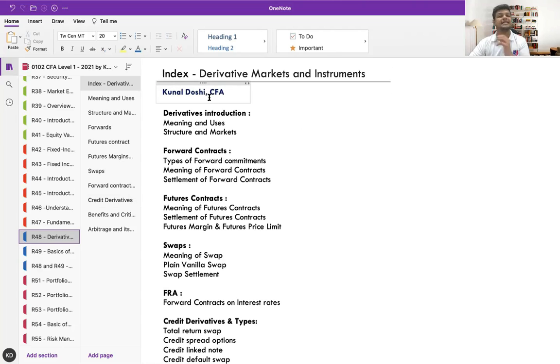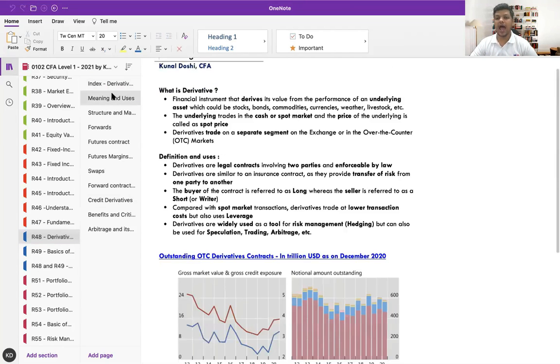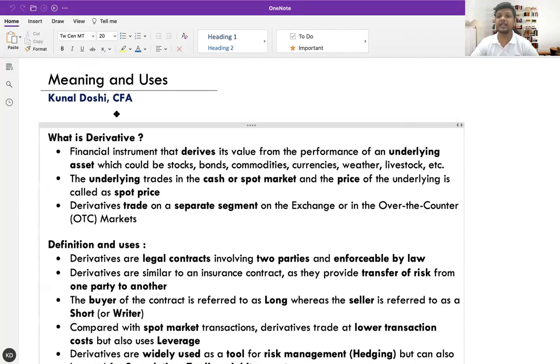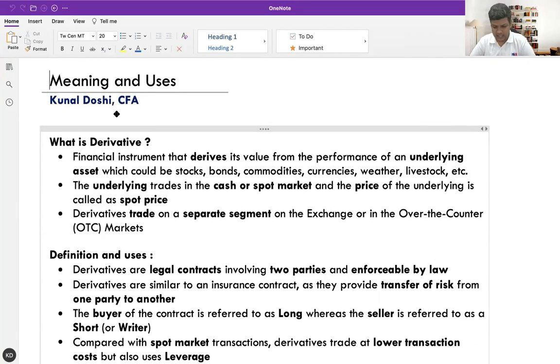Okay, so let's start with derivatives. The first and foremost thing that we are going to deal with in the first reading is what exactly a derivative is. Where does the name itself come from? Derivative is not completely related to the mathematics derivatives that many of us are worried about, the derivative and integration that we did in mathematics.